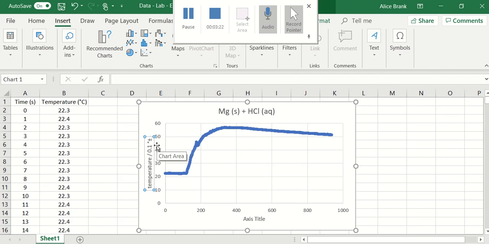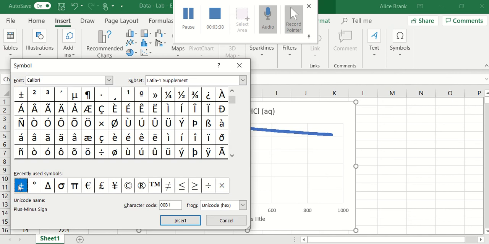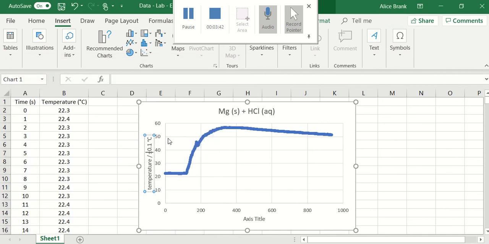There you go. Okay, actually I put it in the wrong place, so I'm going to put the plus or minus here. So symbol, plus or minus. So my temperature is in degrees Celsius and the uncertainty is plus or minus 0.1.